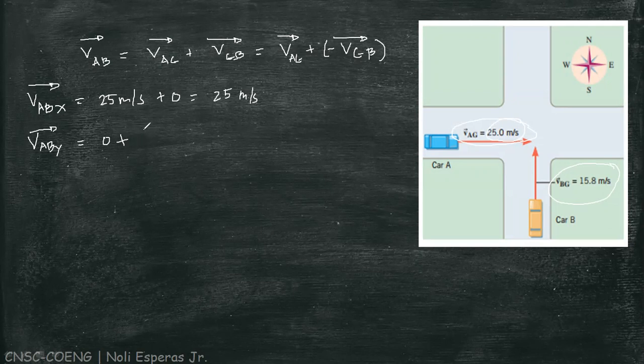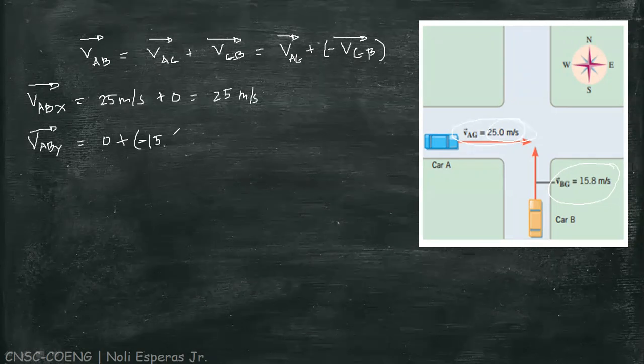So we're going to have negative 15.8 meters per second. Okay, so sorry, I have to erase this one. This one should be negative V_BG.